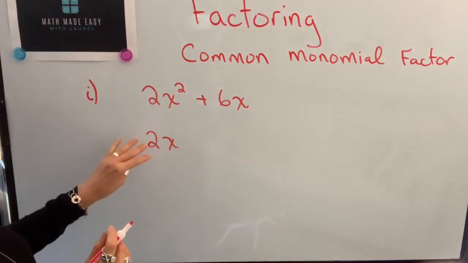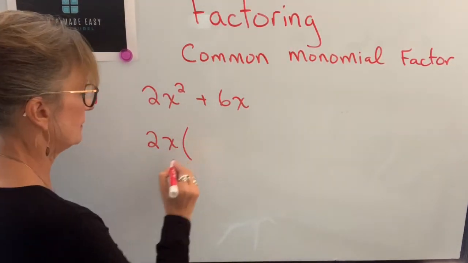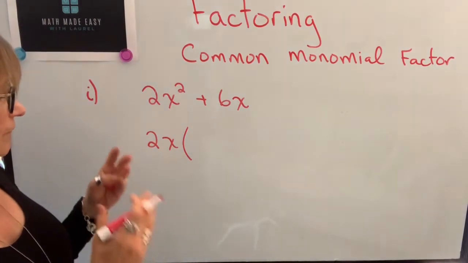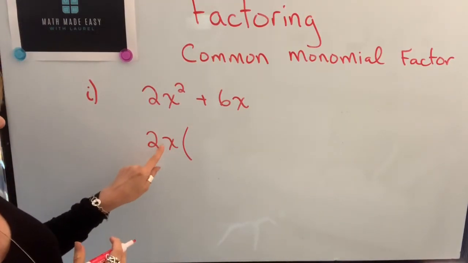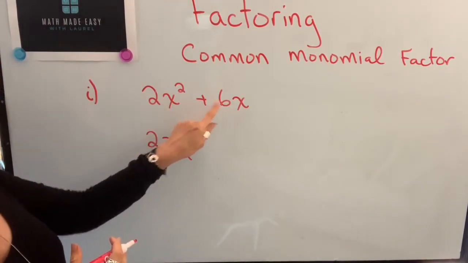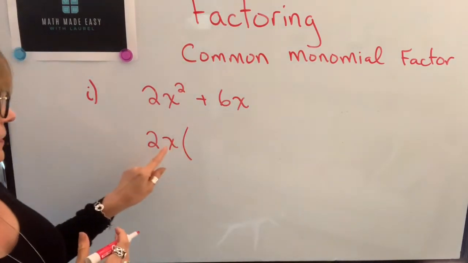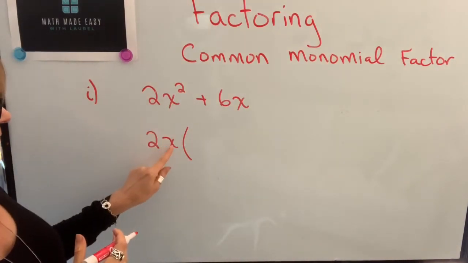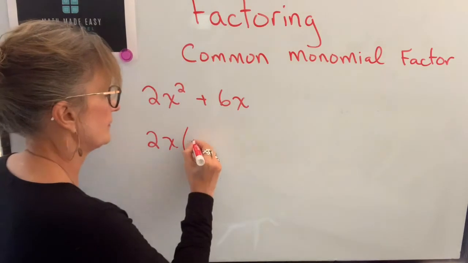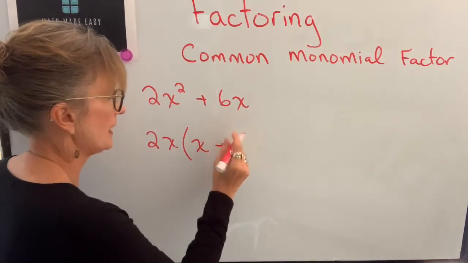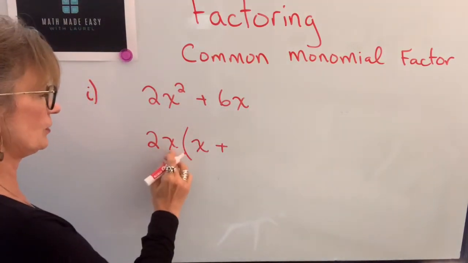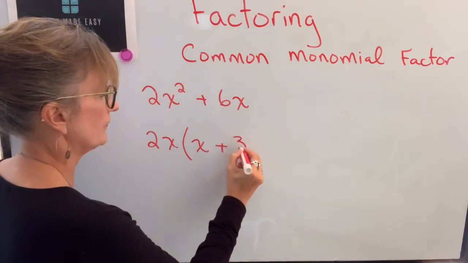So I take that out, or factor that out, and when I factor it out, I basically divide this into each term to get what's left. So 2x squared divided by 2x is x. 6x divided by 2x is 3.